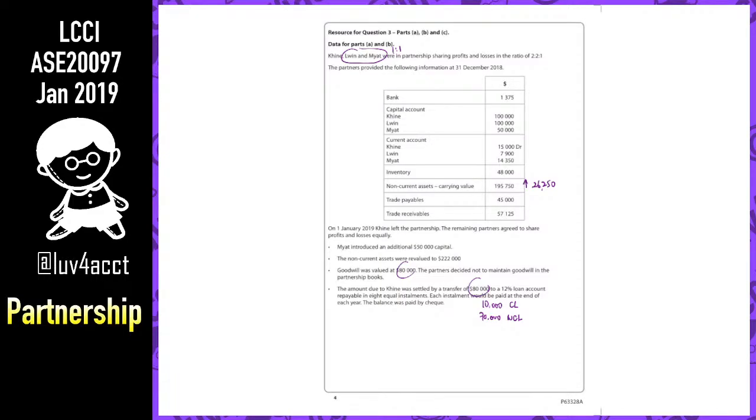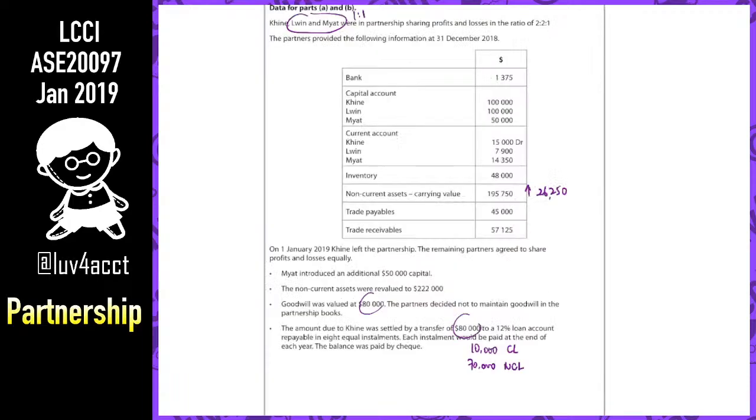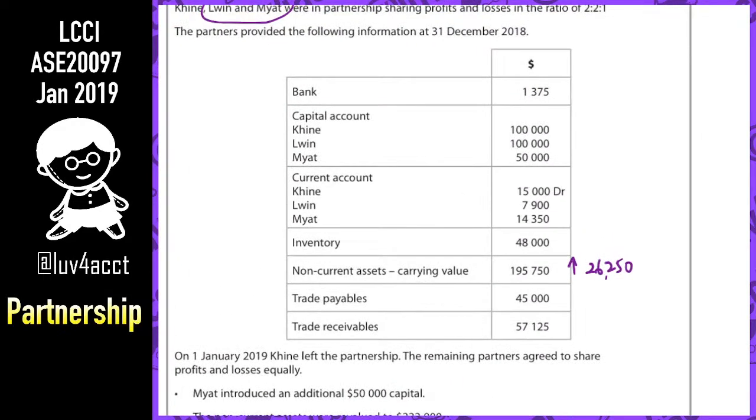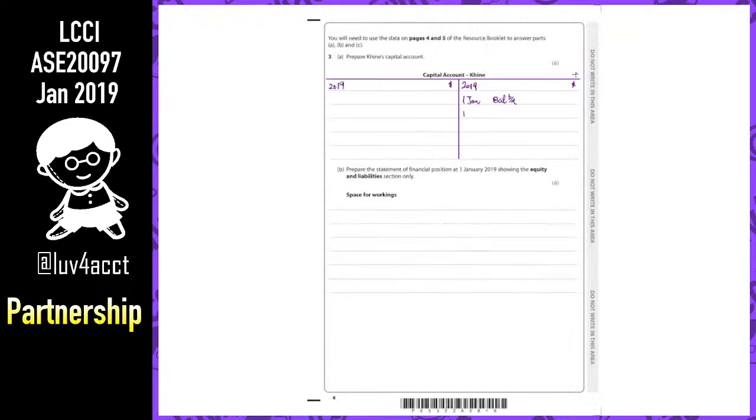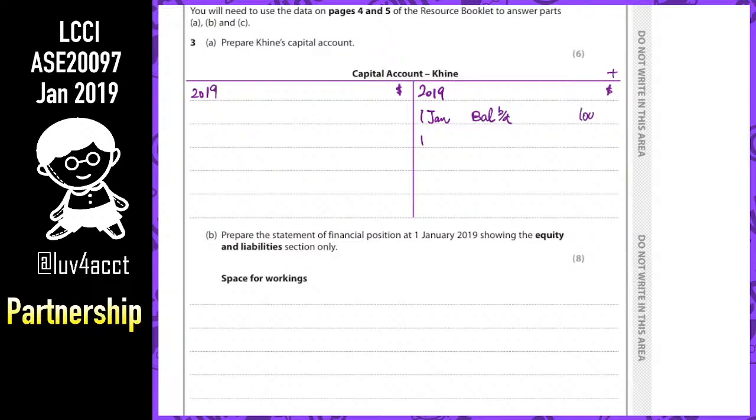So capital account of Kind 100,000, and then current account 15,000 debit. 100,000 here. And then current account of Kind. Remember you have to write current account dash Kind as well, because there are more than one current account. 15,000.